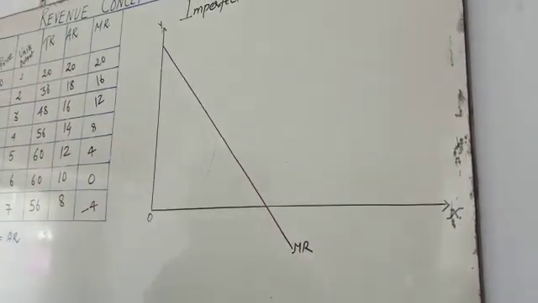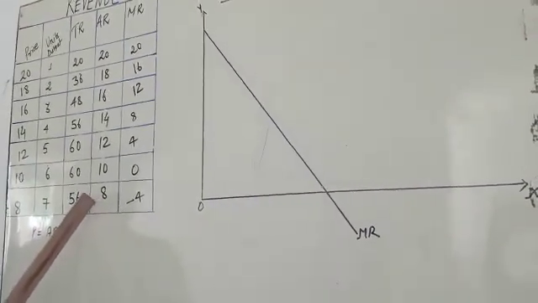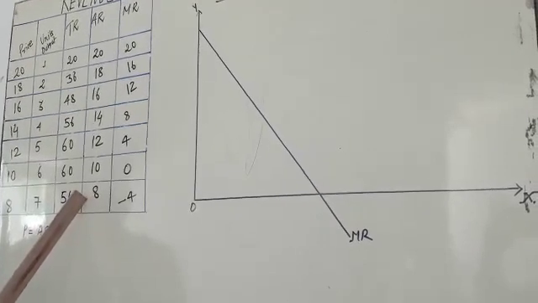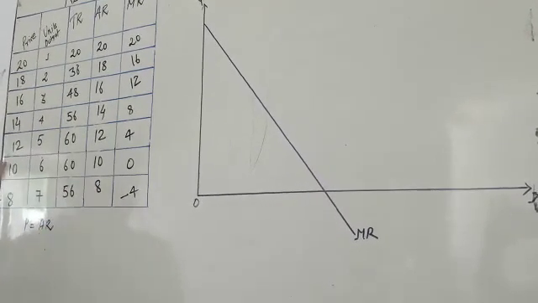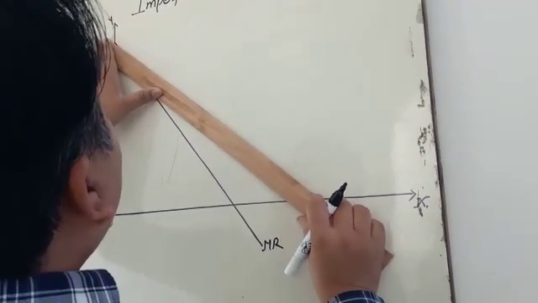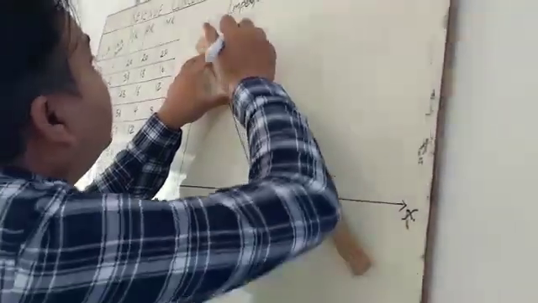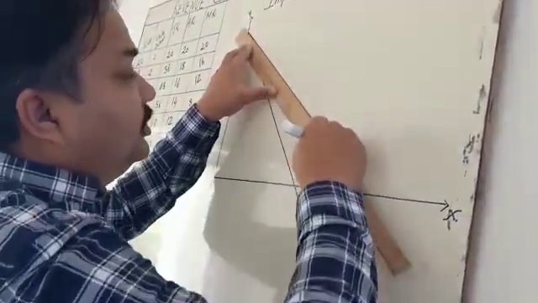But AR will fall down, yet it cannot be 0 or negative. So you draw AR. This is the AR situation.